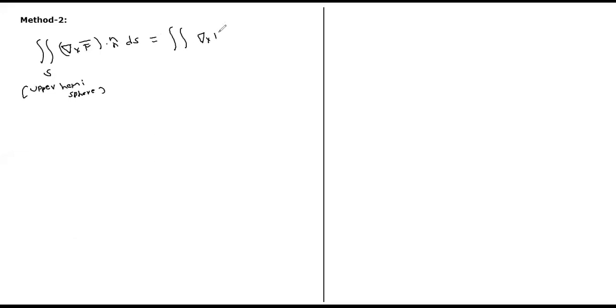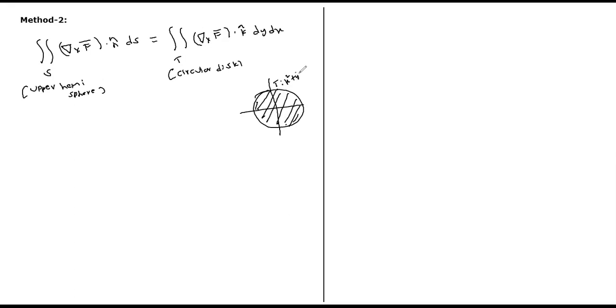Del cross f bar dot k bar dy dx over T. What is T? T is nothing but the circular disc I said. What is that circular disc? Nothing but the region bounded by the circle, x square plus y square less than or equal to a square.